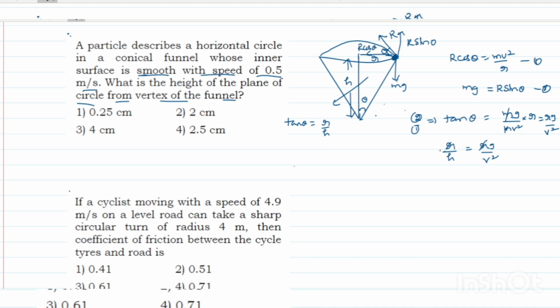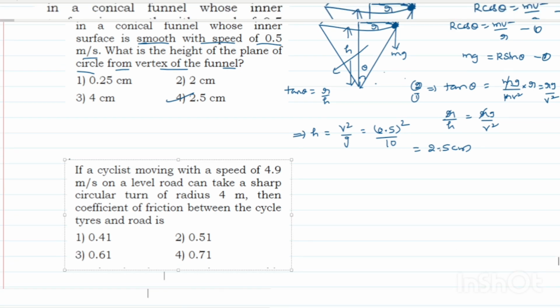So h is nothing but v square by g. The V value is given as 0.5, so 0.5 whole square by g, and you can take g as 10. When you simplify this, it is in meters, and you will be getting 2.5 centimeter.